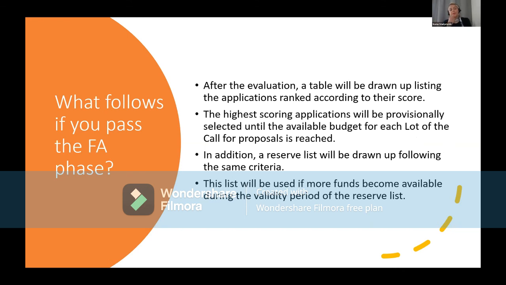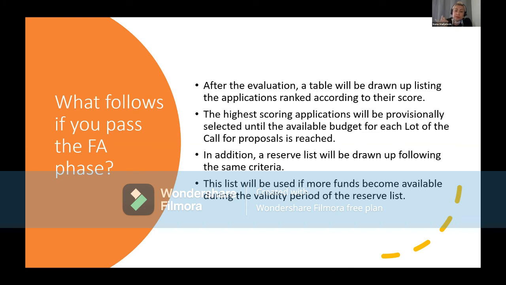What follows if you pass the full application phase? After the evaluation of the full application, the table is again prepared, ranking the applications according to their score. The highest scoring applications will be provisionally selected up to the available budget for each lot.